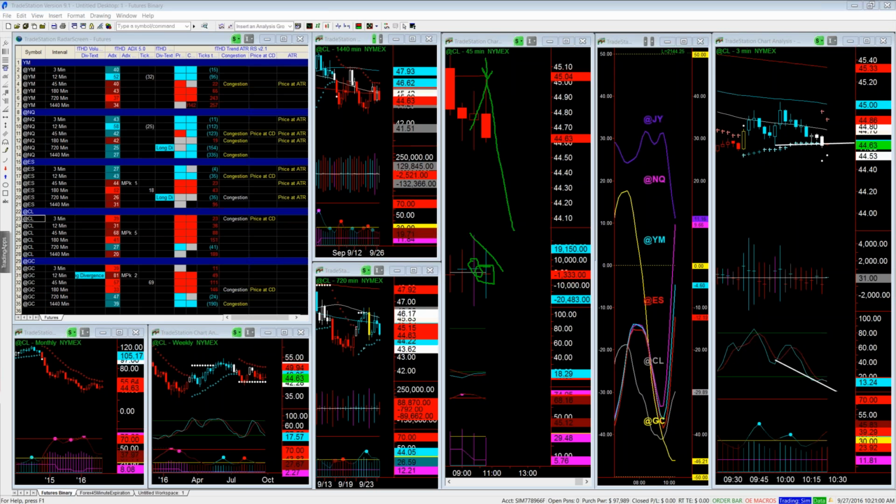Does everybody understand that concept? Or better yet, take your profit at 45 because that was the resistance area.